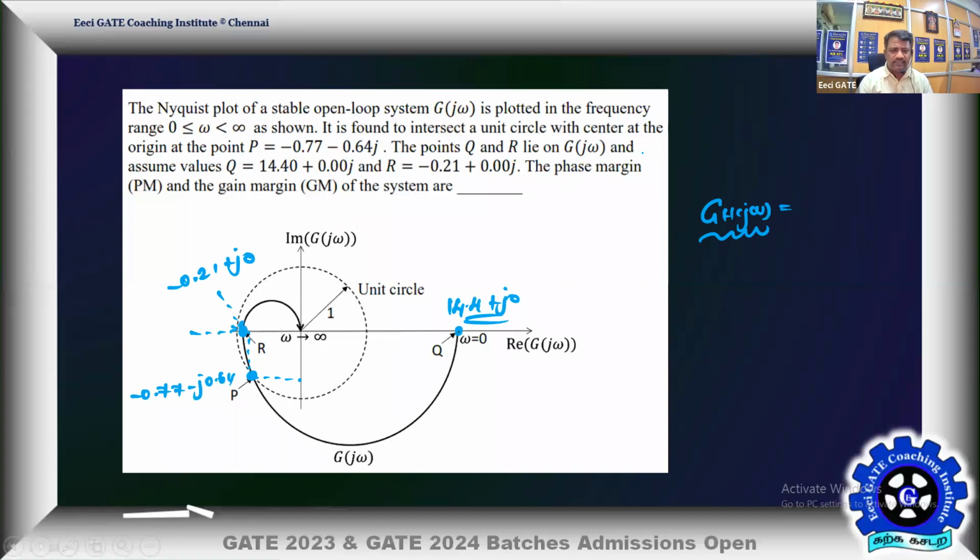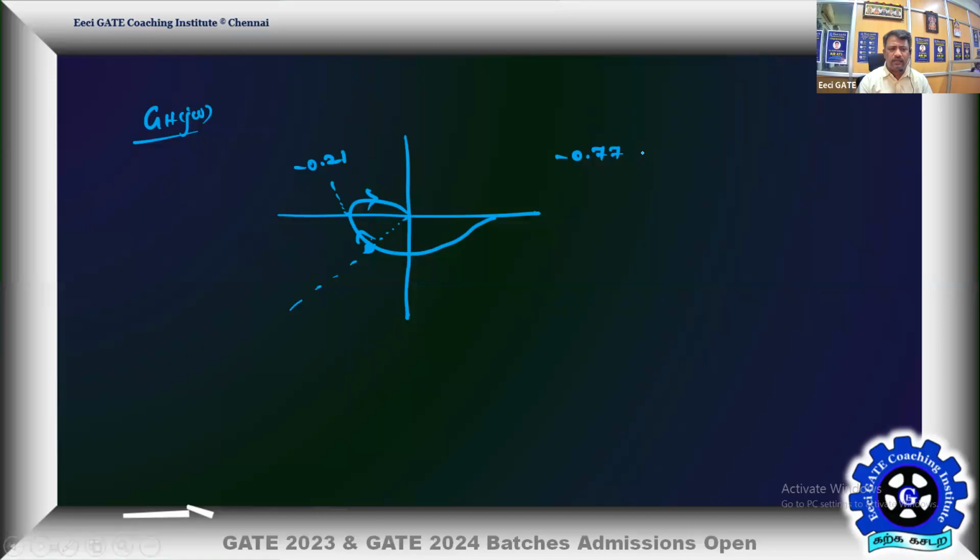I don't know the phase angle of it, and I have to confirm first whether the magnitude is 1 or not. So the square root of 0.77 squared plus 0.64 squared: 0.77 squared plus 0.64 squared is equal to 1.0025.